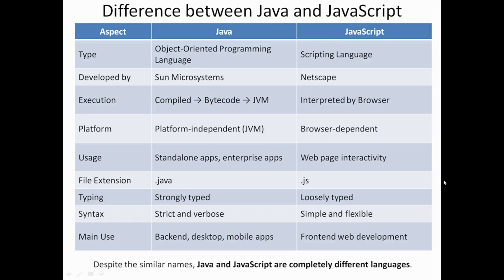Java can be used to develop standalone and enterprise applications, whereas JavaScript is used to develop interactive web page applications. The extension for Java is .java, whereas for JavaScript it is .js. Java is a strongly typed language, whereas JavaScript is loosely typed.